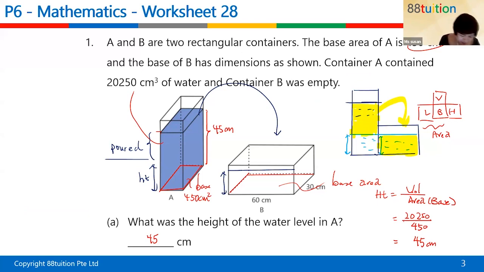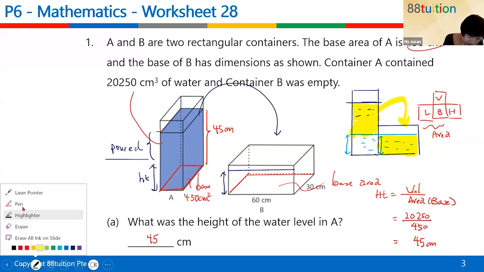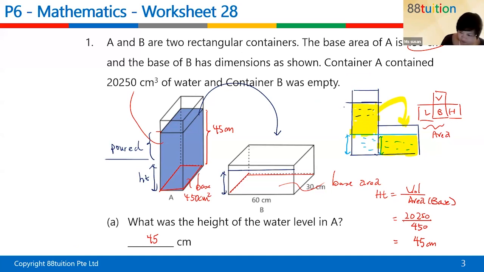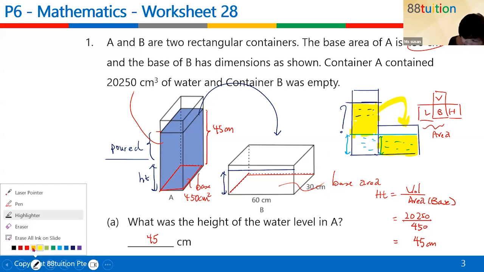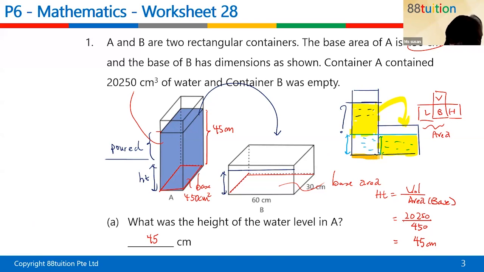So the question asks how much is being poured. But whatever remains here, the total remains unchanged. That's one thing. In order to do this, since I know there's a volume, do you realize that I have the same base? The total base is how much? Can I say that this is the base?